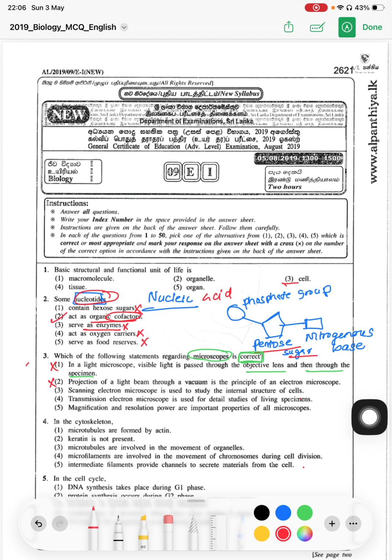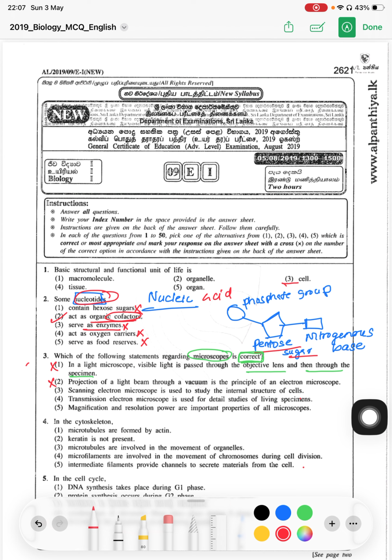Scanning electron microscope is used to study the internal structure of cells. We know that there is the transmission electron microscope and the scanning electron microscope. What do we use the TEM, the transmission electron microscope, for? We use that to study the internal structures of cells. So the scanning electron microscope is wrong.